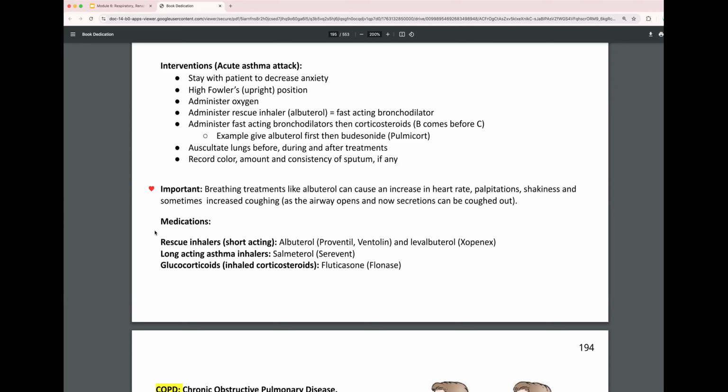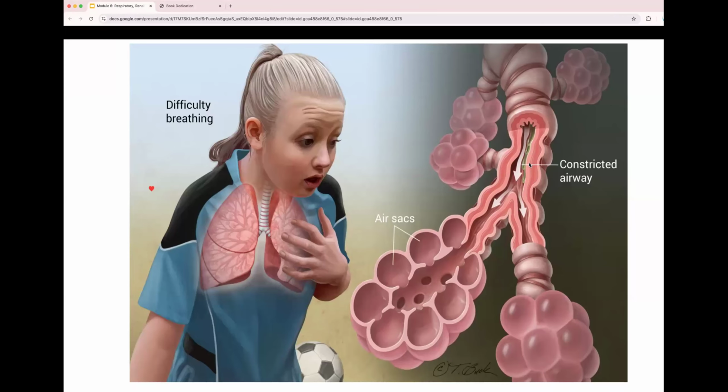That mucus that was obstructing the airway, the bronchodilator is going to make the smooth muscle relax so the airway can open again. And as the airway opens, they're going to cough this mucus out. So do you want them laying flat or in high Fowler's?